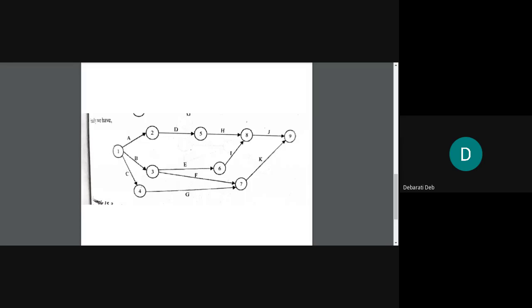Then G and H are less than J. Ma'am, can you repeat the last one?